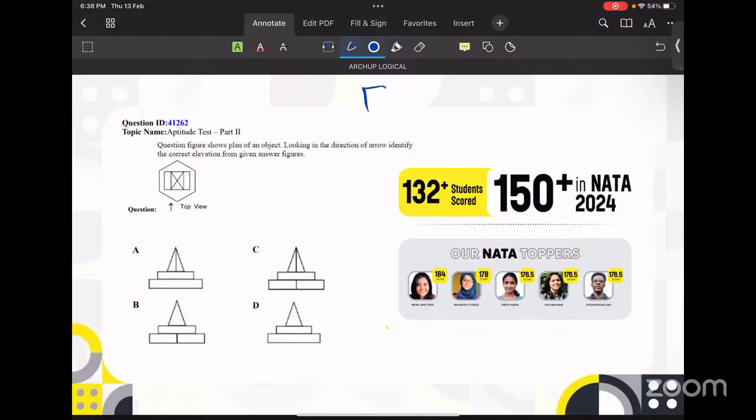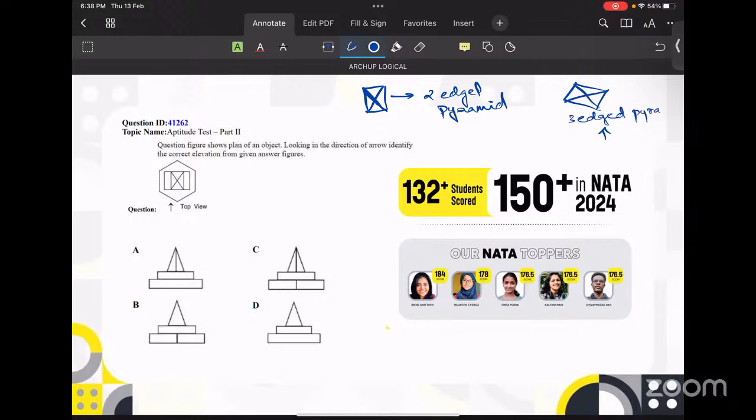Whenever you find a figure like this, we call this a two-edged pyramid. We have names for them also. If you find a figure in this orientation and you are viewing from here, this figure is called a three-edged pyramid.